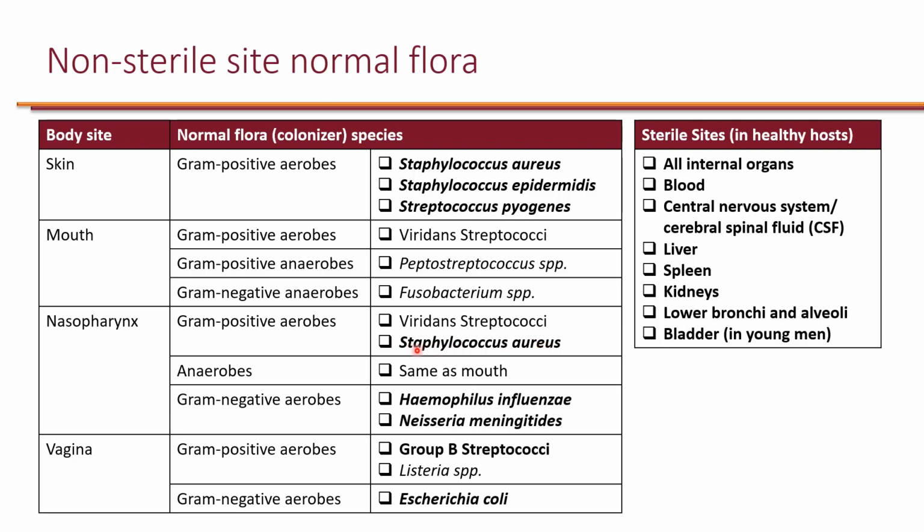And the reason I have bolded some of these is that they are the clinically important ones, so you should definitely know them. This is important because, let's say somebody has an infection and you find Staphylococcus aureus in the nose, it doesn't often mean that it's an infection. It could be part of the flora, but not everybody will have it as part of their flora.